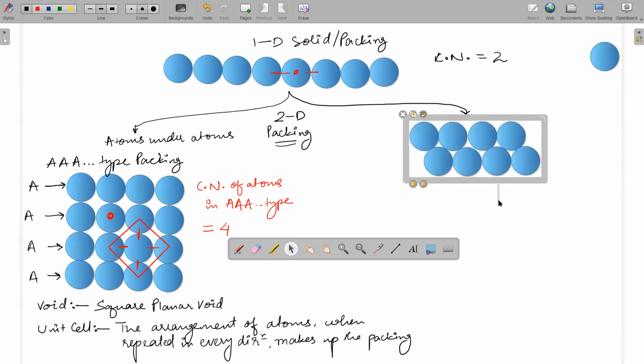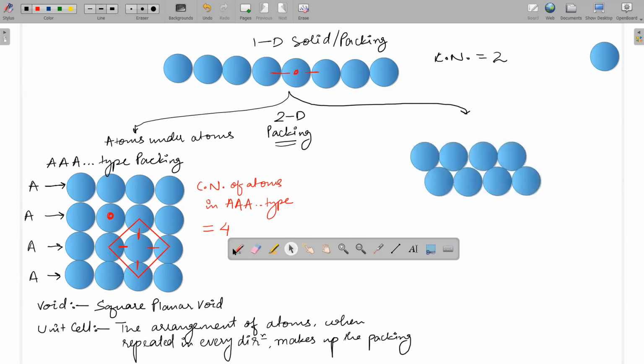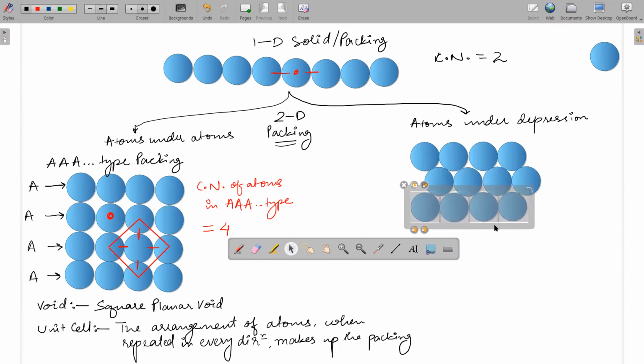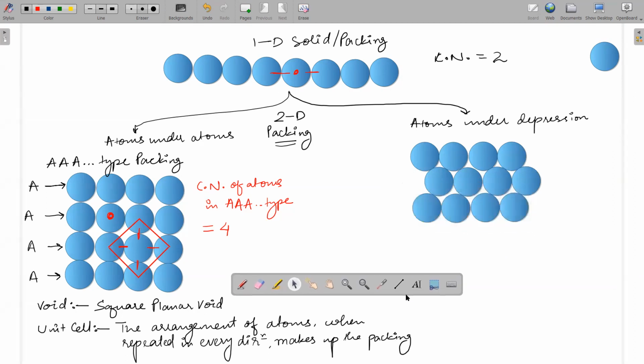Let me write that first, atoms under depression. Okay, then again, one.